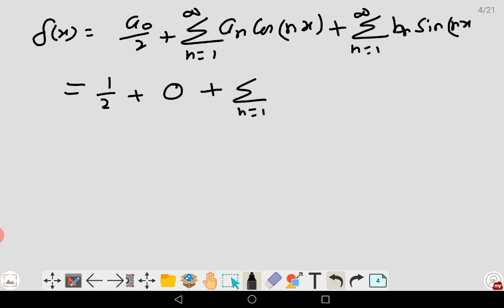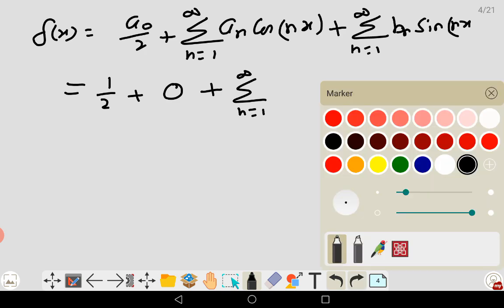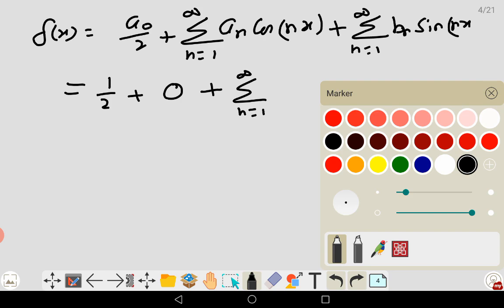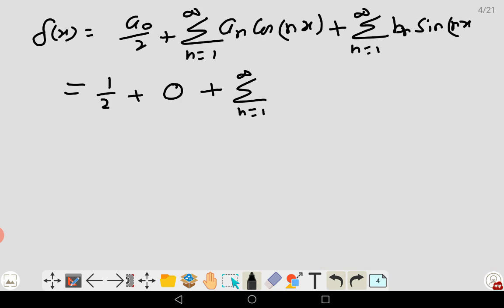bn, summation n from 1 to infinity bn, we can use the first form, 3 over n pi times 1 minus minus 1 to the power n, sin nx.